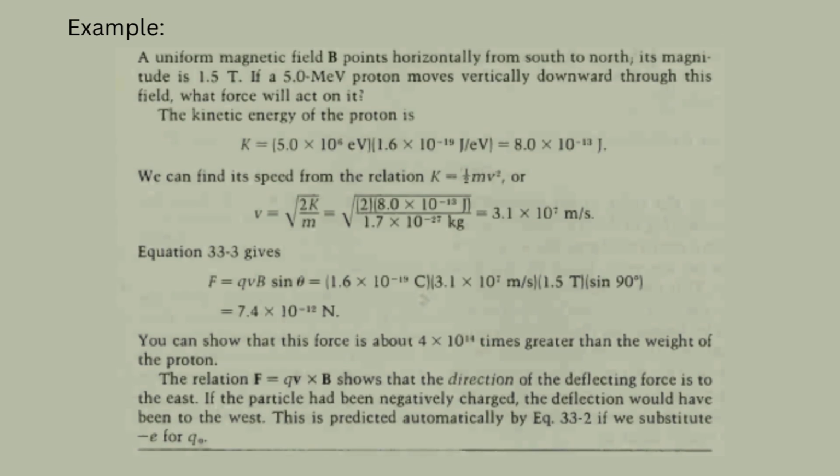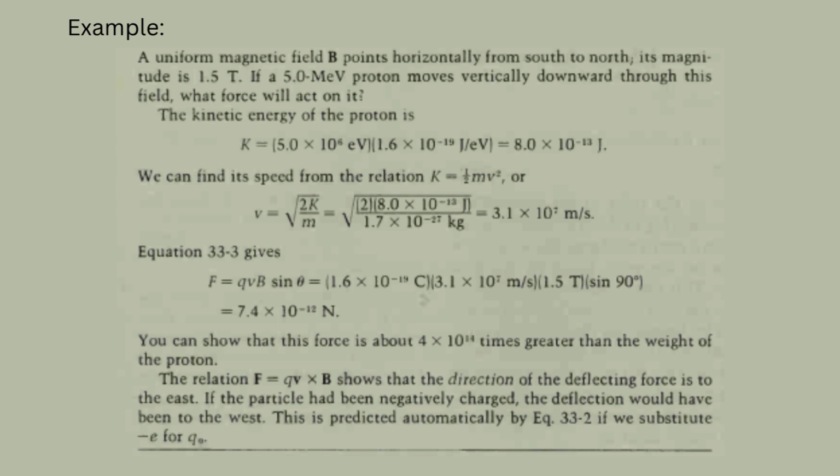Here is an example. A uniform magnetic field B points horizontally from south to north. Its magnitude is 1.5 T. If a 5.0 MeV proton moves vertically downward through this field, what force will act on it? The kinetic energy of the proton is K equal to 5.0 times 10 to the power 6 eV times 1.6 times 10 to the power minus 19, which is equal to 8.0 times 10 to the power minus 13 joules.